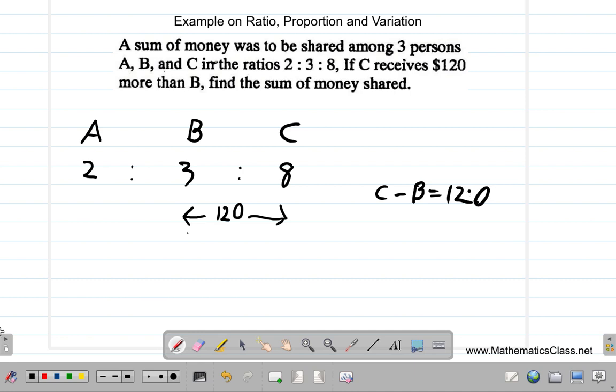Another thing you could consider is what happens if you divide them. C's money divided by B's money is equal to 8 divided by 3. You see that?